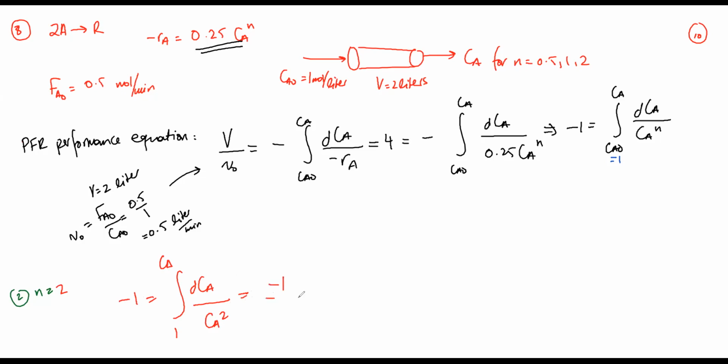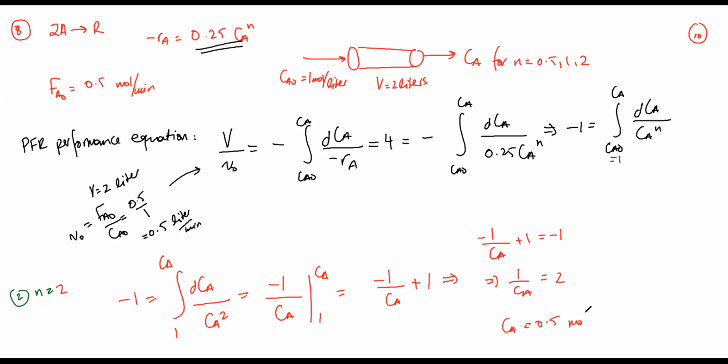I get -1 over CA, from 1 to CA, which equals -1 over CA plus 1. If I rewrite this, -1 over CA plus 1 is equal to -1. So 1 over CA is equal to 2, and CA is equal to 0.5 mole per liter. This is the answer for n equals 2, and this is the solution for problem number 8.